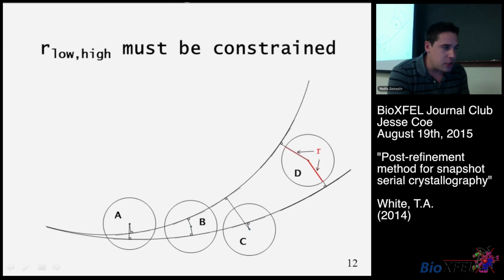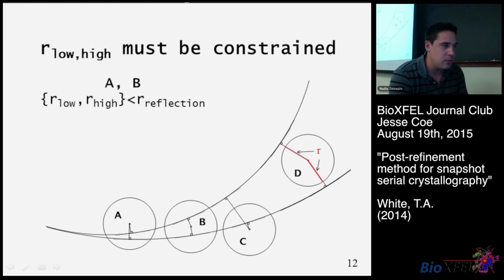When doing some of these calculations, though, we need to make sure that we constrain them, and this was done. He constrains them with R being the actual radius of the sphere you're measuring itself. We can see in this picture, for example, for A and B, both R high and R low are smaller than the actual radius.